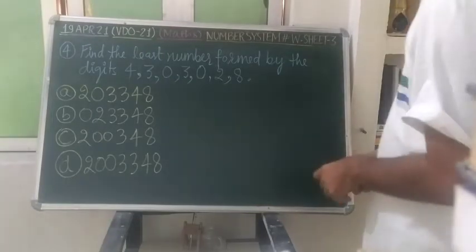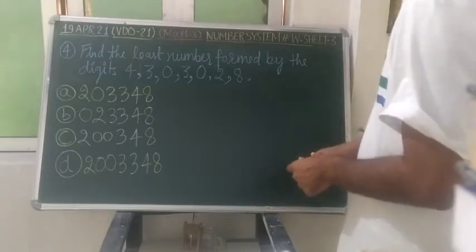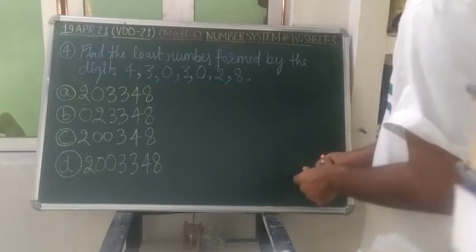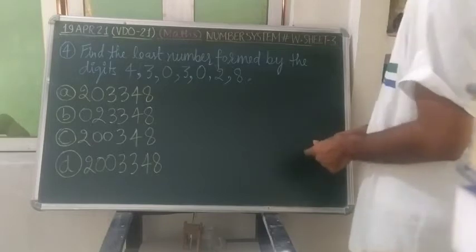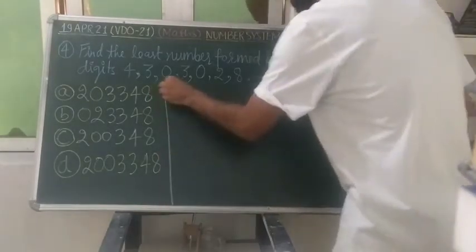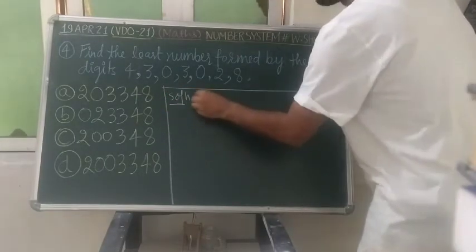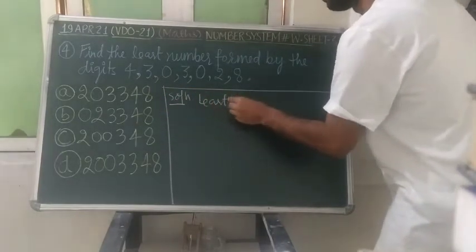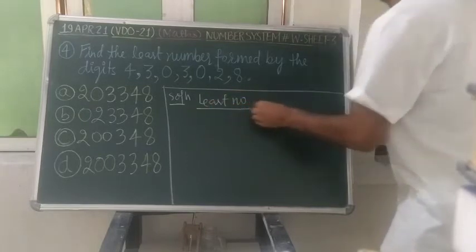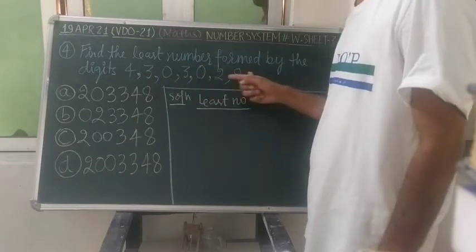Move to the fourth problem: find the least number formed by the digits 4, 3, 0, 3, 0 to 8. So we want the least number. We want the least number formed by these digits 4, 3, 0, 3, 0 to 8.